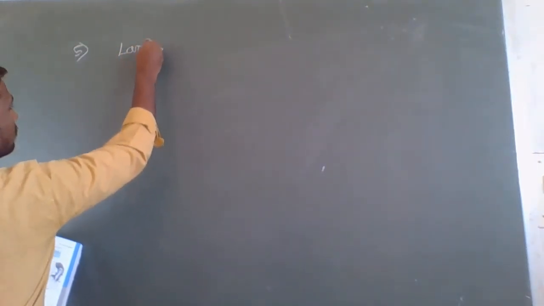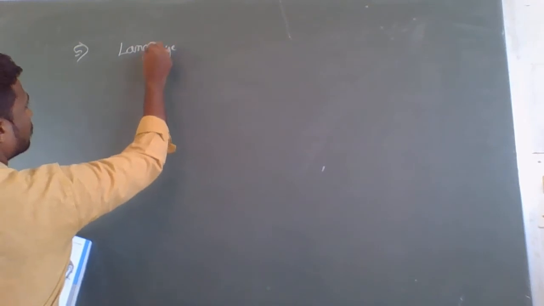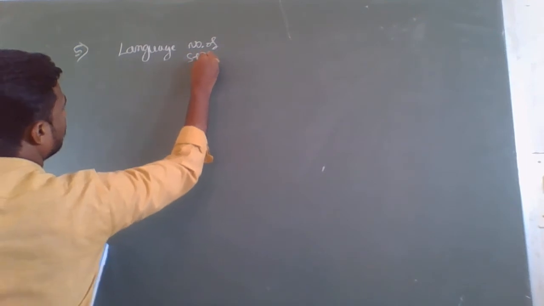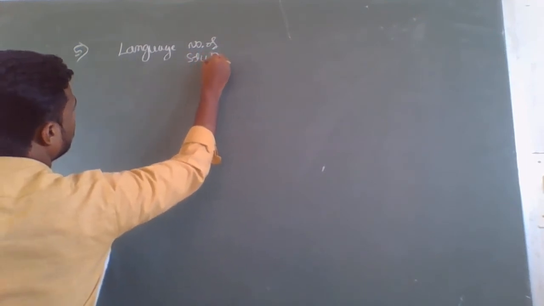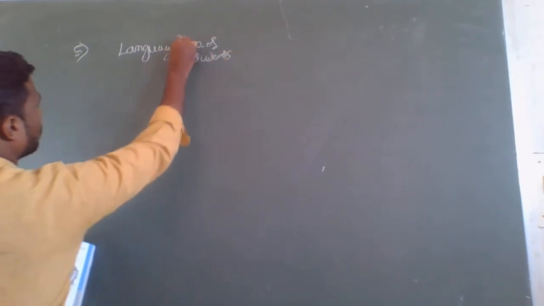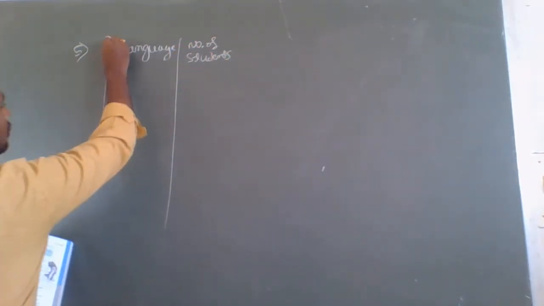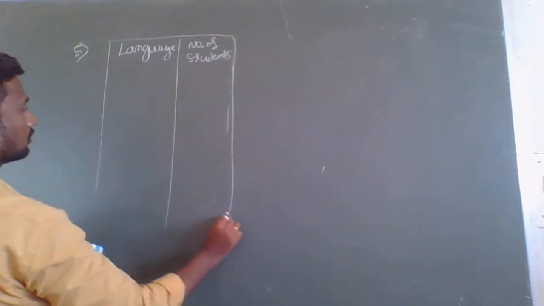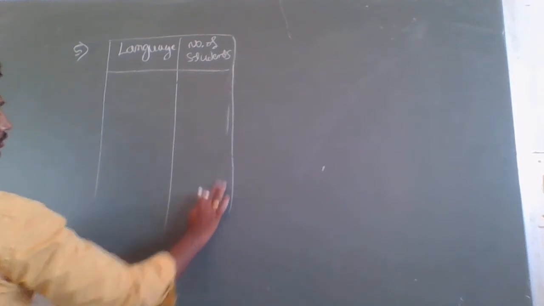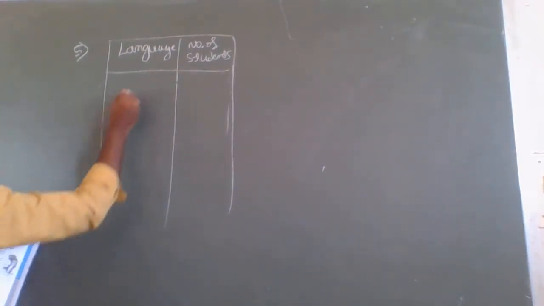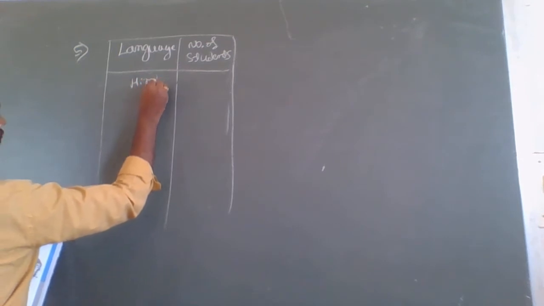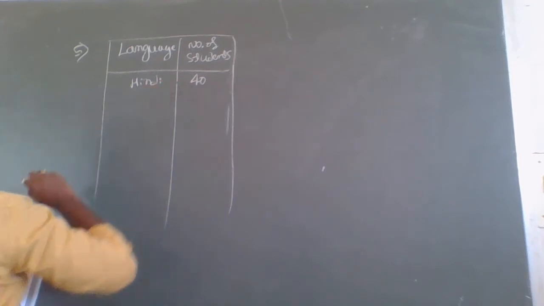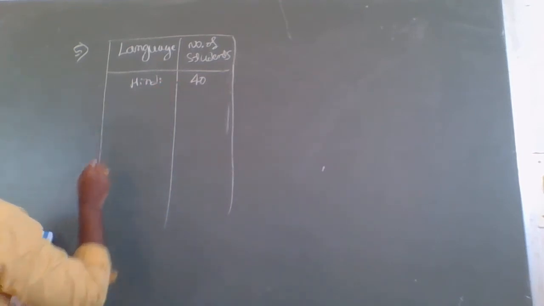Language, number of students. They have given information about the number of students in a hostel who speak different languages. So Hindi, first one is Hindi. Hindi is spoken by 40 students. Next, English.